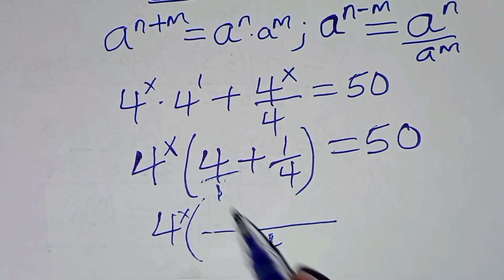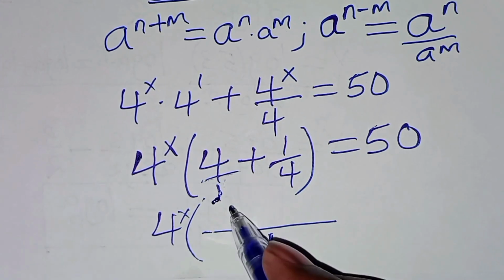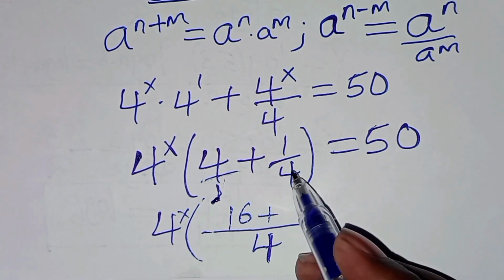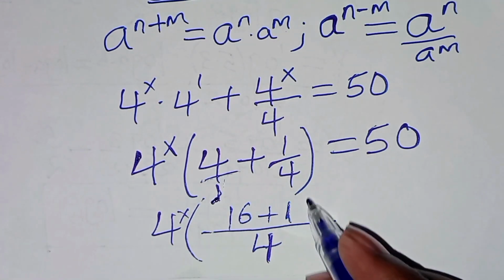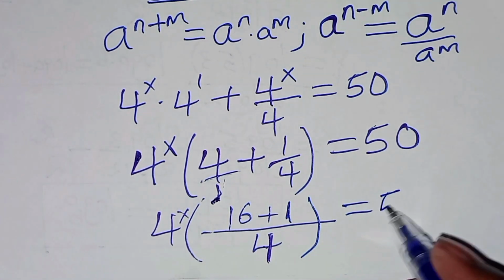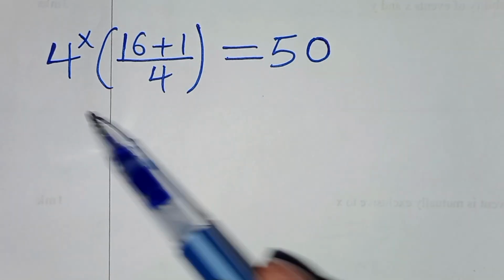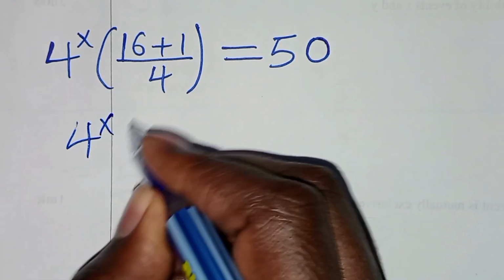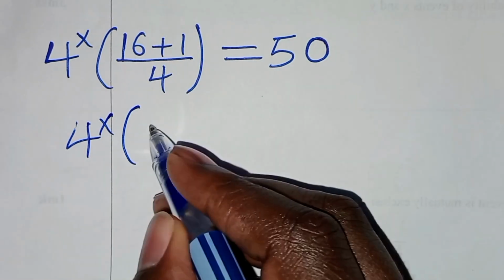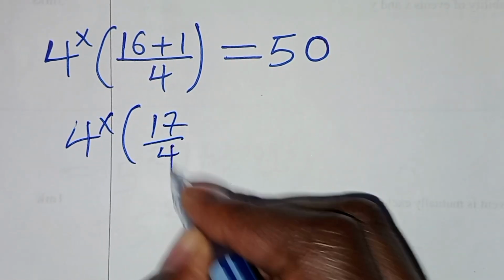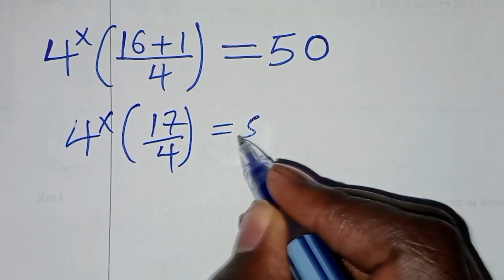So we'll have 4 divided by 1, this is 4 times 4, 16, plus 4 divided by 4, 1 times 1, this is 1. This is equal to 50. Here we have 4 to the power x, then 16 plus 1, this is 17 over 4. This is equal to 50.